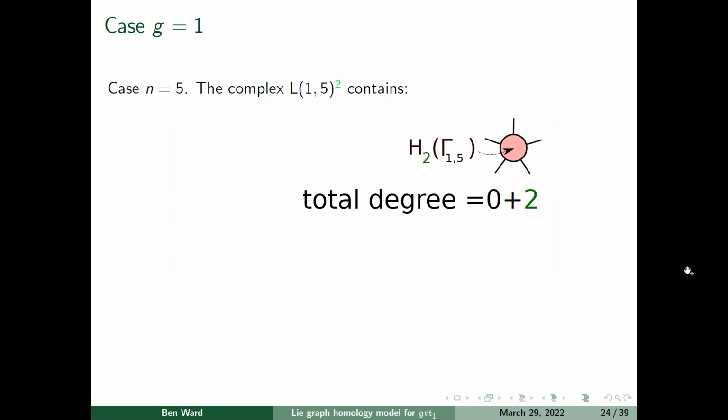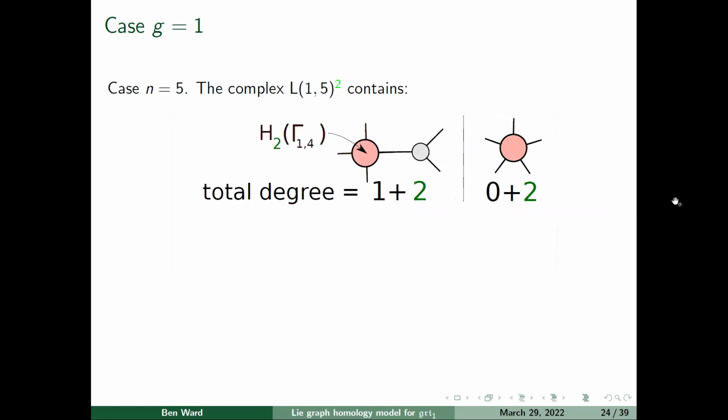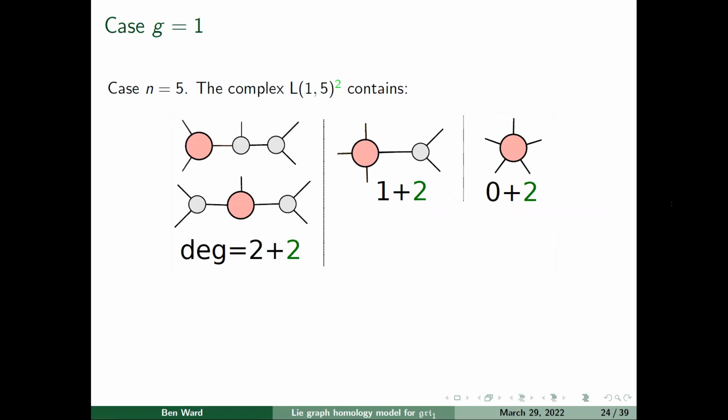In total degree 2, I would have to have, let's say, an H_2 with no edges. Let me just look at the case where the internal degree is 2, right? We have that filtration. In total degree 3, I could have one edge, or I could have 2 edges, so total degree 4.